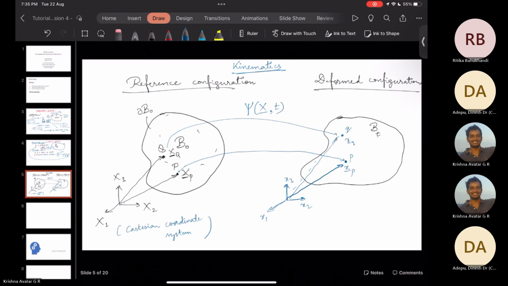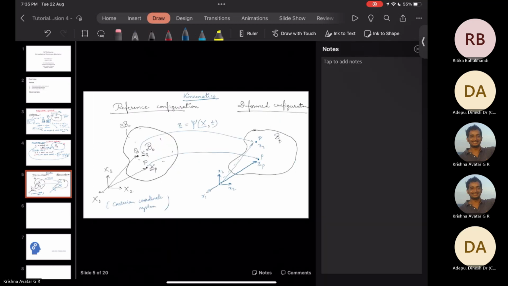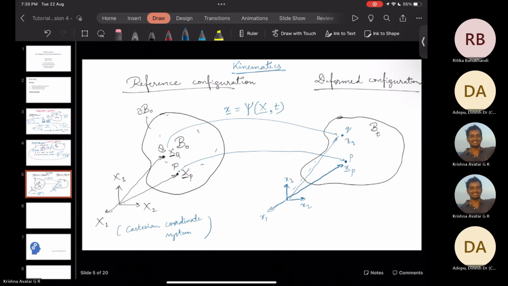It maps every point at capital X with respect to time to another point in the current configuration, or the deformed configuration, as x. So this psi is the deformation mapping.